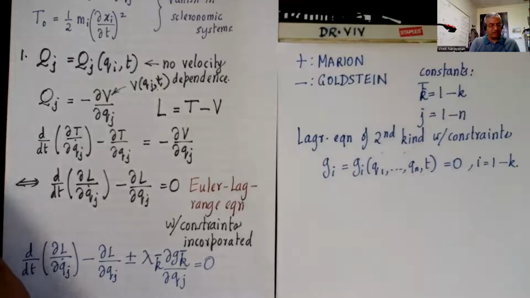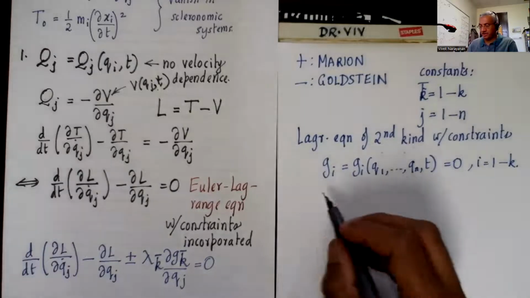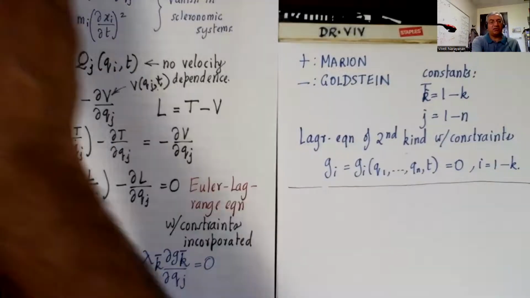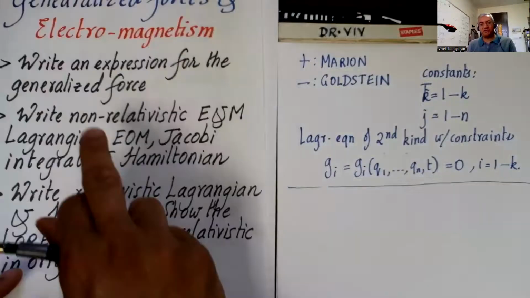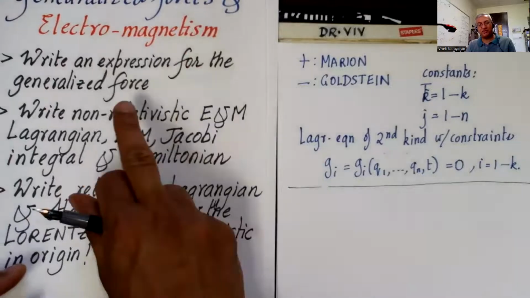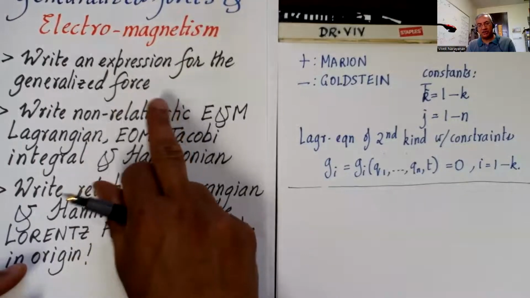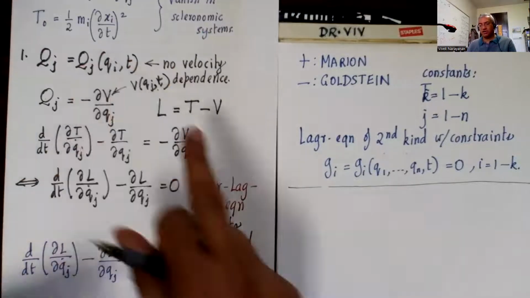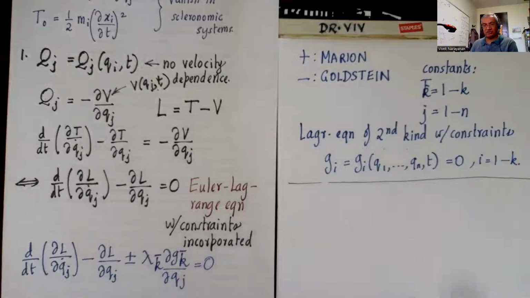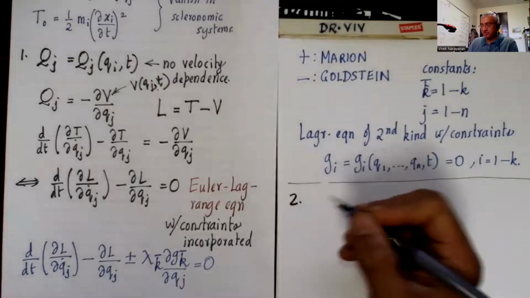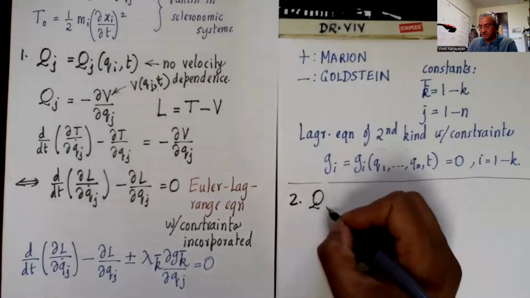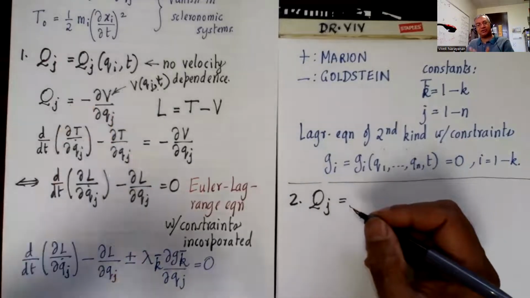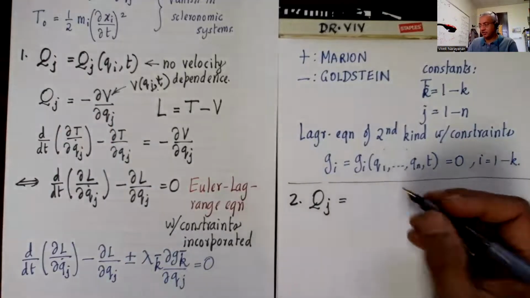What if you had generalized forces that are a little more complicated? And that is what we need for the electromagnetic Lagrangian. So we have to first write the expression for the generalized force, which has velocity dependence this time. In this velocity independent case, you will not get the most general situation. So the second case we'll look at is Qj. In addition to having a term like that, it has a term that looks like kinetic energy.